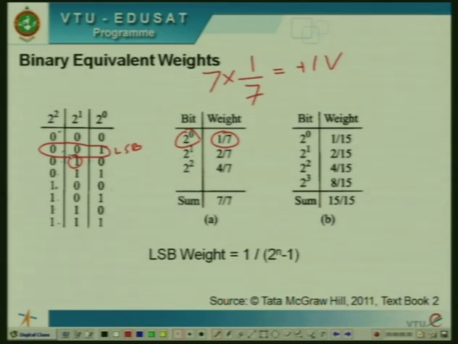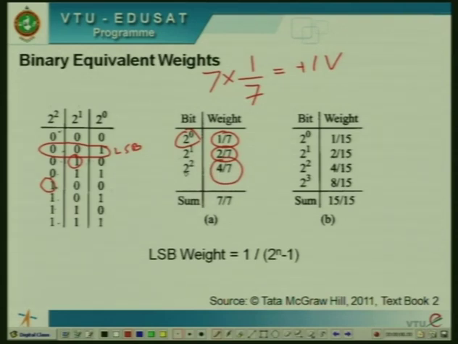So the weight of this would be 2 times 1 upon 7, which is nothing but 2 by 7. Similarly, the third LSB, which is nothing but MSB in our case, at bit position 100, is going to have a weight which is twice the weight of the second LSB, which means it has 4 times the weight of LSB. So its weight is going to be 4 upon 7.